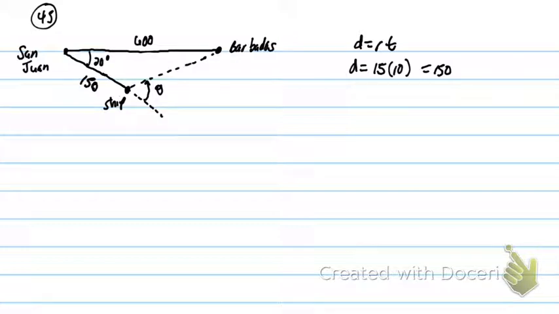All right, the first thing I want you to see, I've been saying this, but now you actually get to visually see it. I know I'm going to use law of cosines. And the way I know it, do you guys see I have two sides, and then squeezed in the middle, what do you have? The angle. Anytime the angle's squeezed in between the two sides, it's law of cosines. I know I'm ultimately after theta because it asked through what angle the captain should turn to head directly to Barbados.